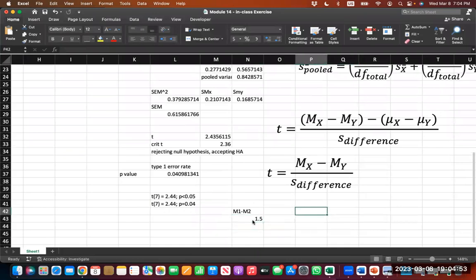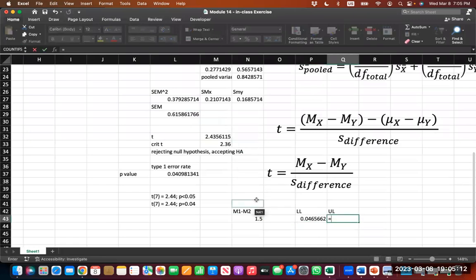You calculate now your lower limit and your upper limit. Your lower limit is your difference minus your critical t multiplied by your S difference. And in the same fashion, you calculate your upper limit: you take your mean difference and add your critical t multiplied by the standard error of the mean.